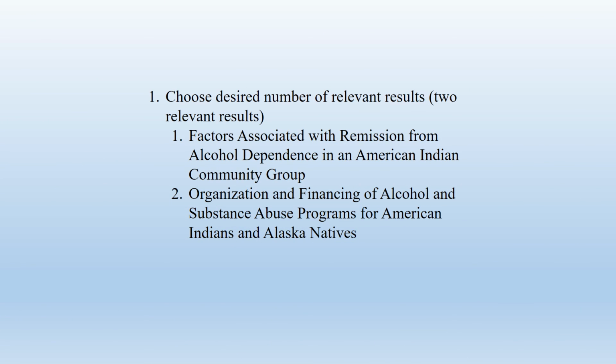Choose the desired number of relevant results. The two I chose are factors associated with remission from alcohol dependence in an American Indian community group, and organization and financing of alcohol and substance abuse programs for American Indians and Alaska Natives.